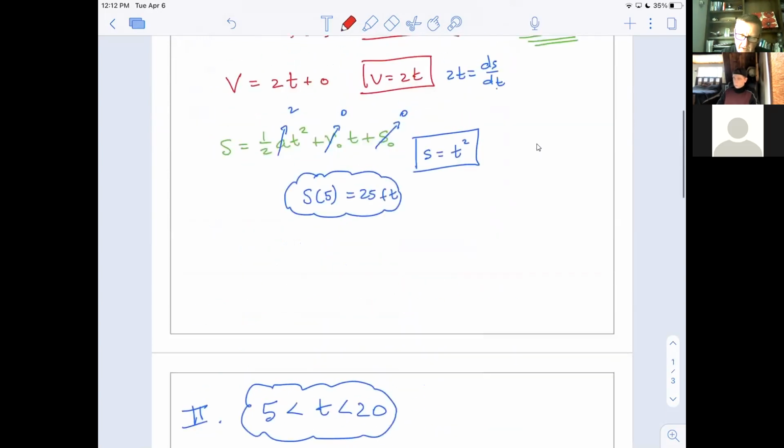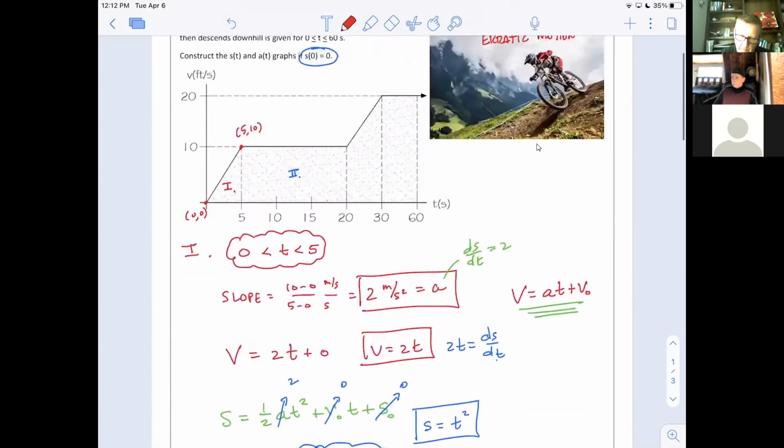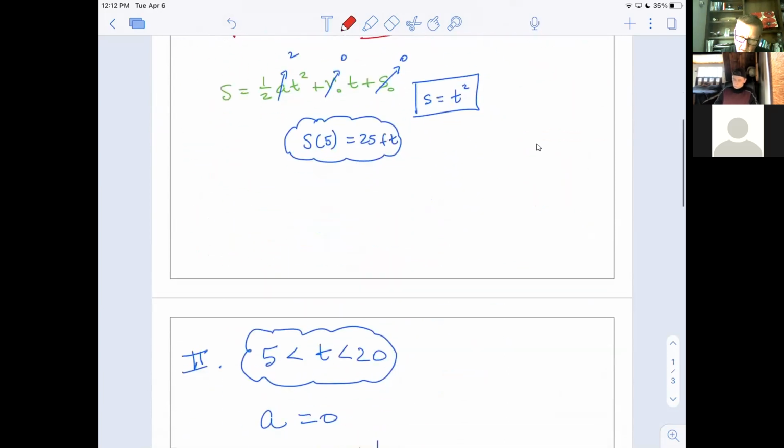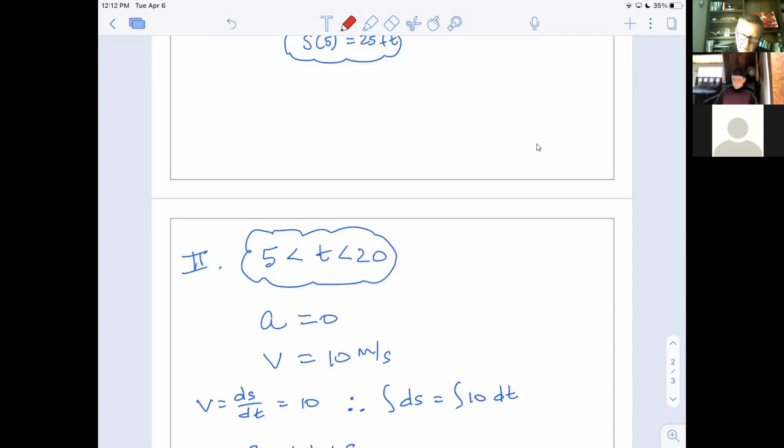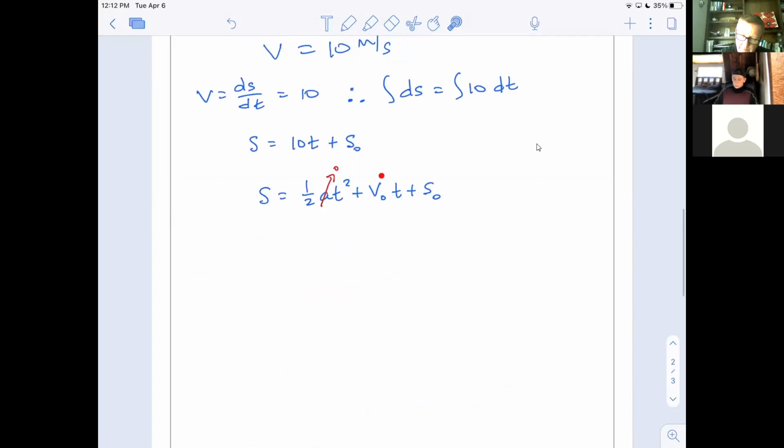I thought the initial velocity was 0. But remember, where are we? We're in the 5 to 20 second phase. So in that phase, the initial velocity there at 5 seconds was 10. So you end up with 10t plus the initial position.